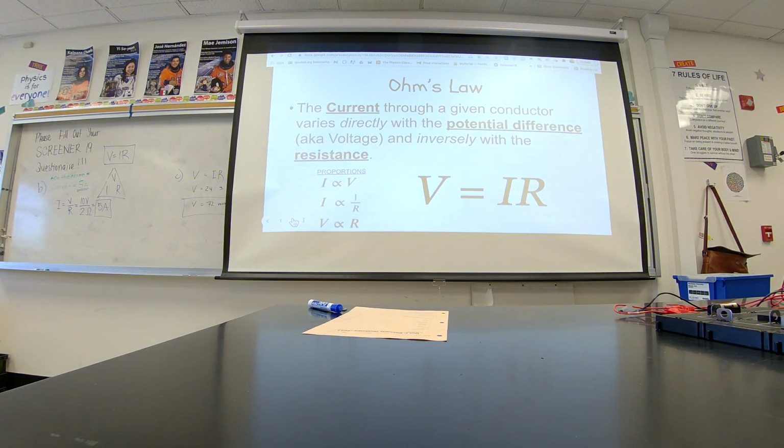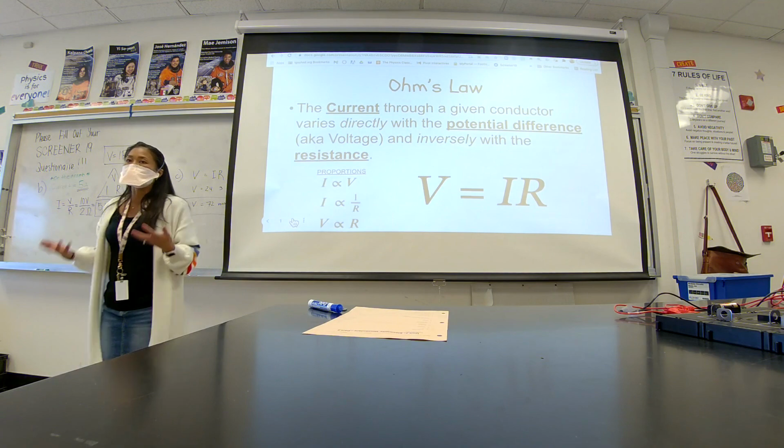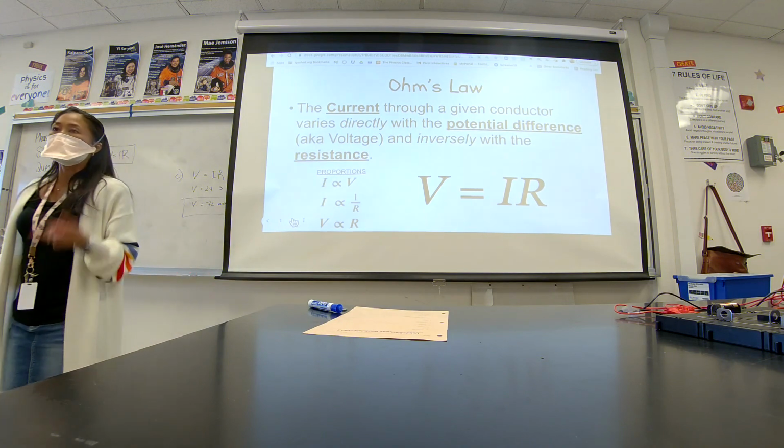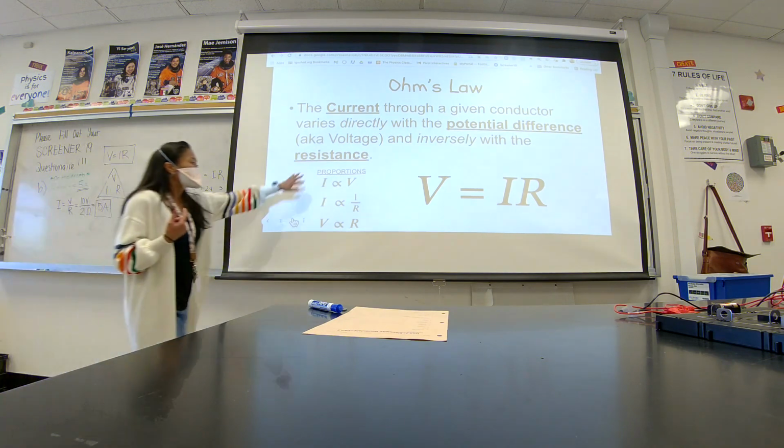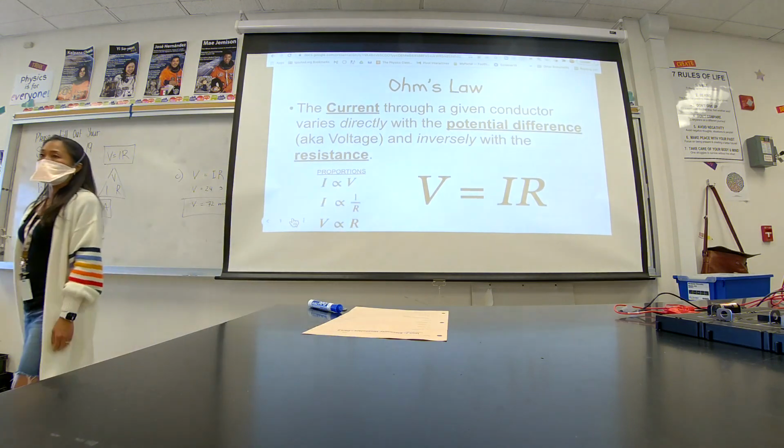So as the resistance goes up, your current, or the flow of charges, goes down. So remember, resistors, just like the name, resist current, and they are inverses of each other. These proportions we came up with during our lab last class.